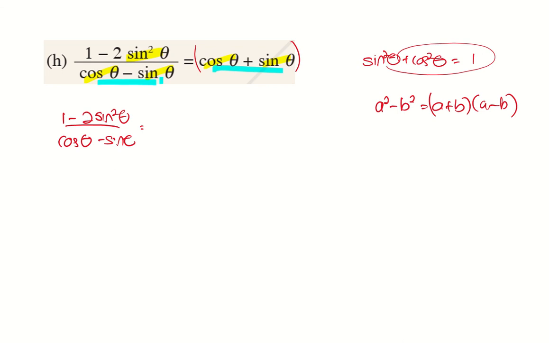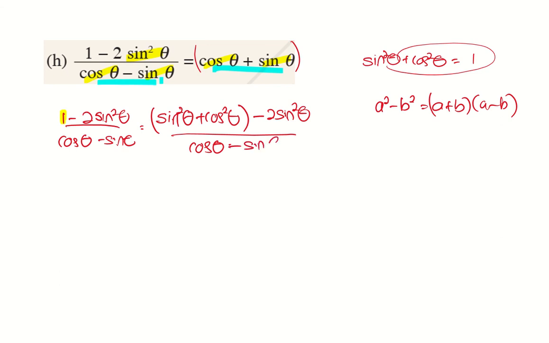Let's try to change the 1 to sine square theta plus cos square theta. This is 1 minus 2 sine square theta over cos theta minus sine theta. Then I will get cos square theta minus sine square theta.